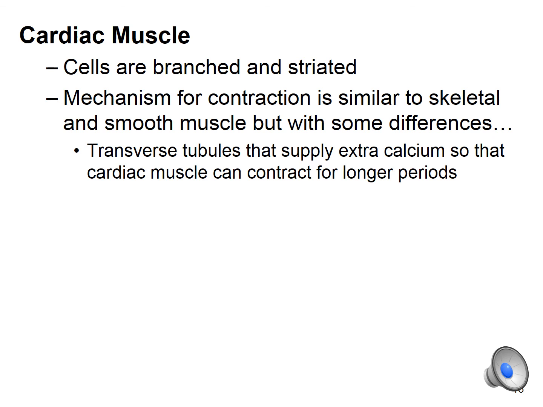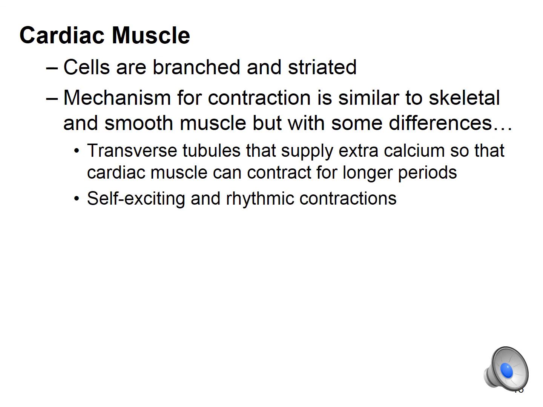If you think about it, your heart is always pumping, there's never a period where your heart is not pumping. And so it needs more calcium stores than many of your other muscles. So the transverse tubules supply extra calcium in cardiac muscle cells.